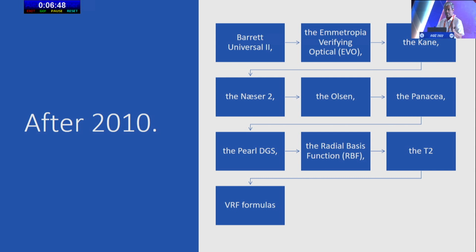In the last several years, along with Barrett's 2, EVO, the Hyperopia-verifying optical formula, Kane, Nallasamy, Olsen 2, Panacea, Pearl DGS, the RBF of Warren Hill, T2, VRF, and other formulas have come in, trying to plug the gap and make it possible to get better results with extreme eyes.